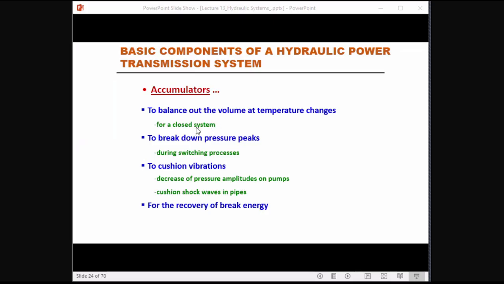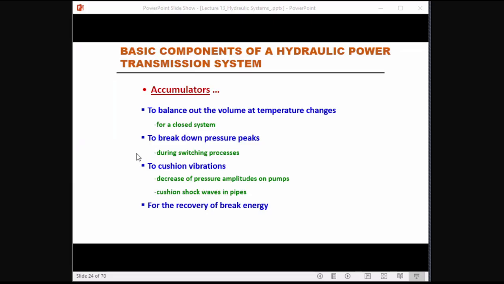Then accumulators absorb these pressure peaks. Okay. Absorb these pressure peaks, then protect the system without any damage. Okay.